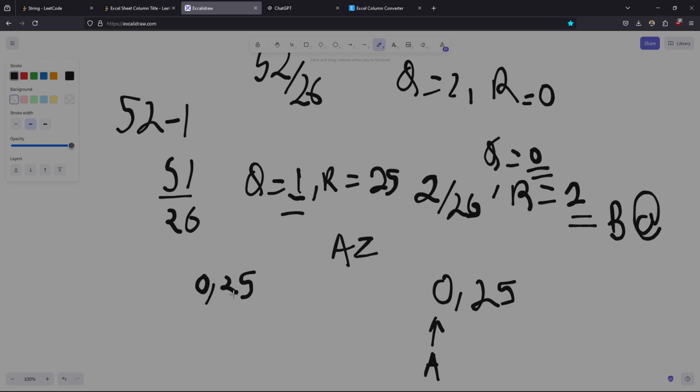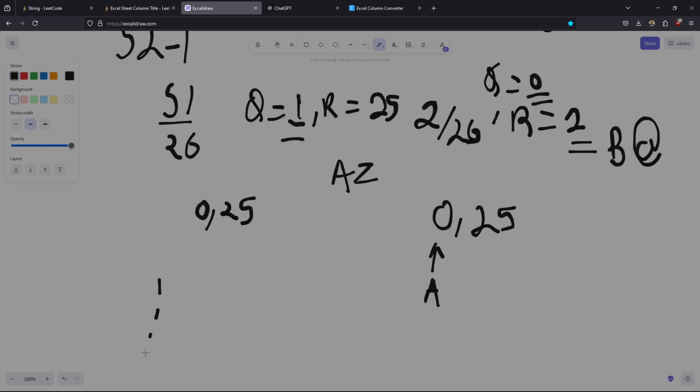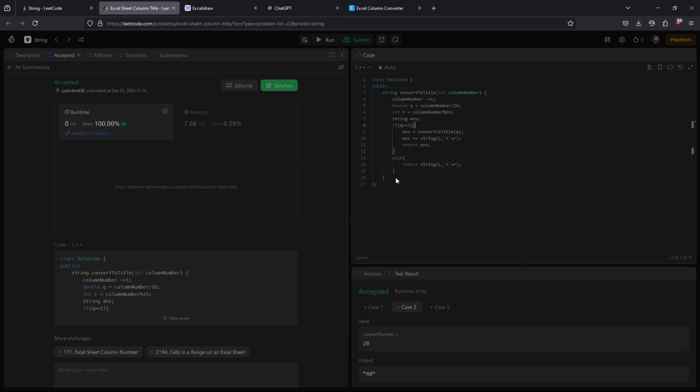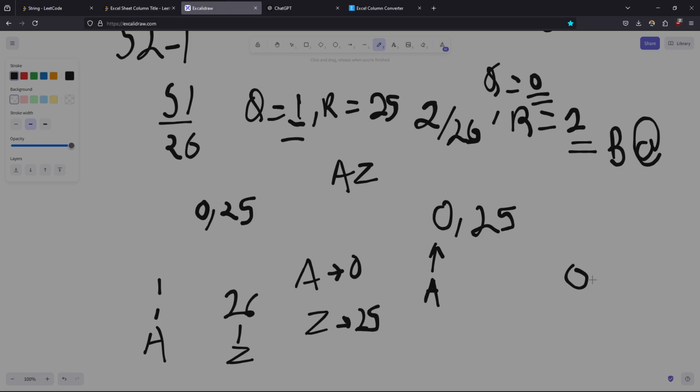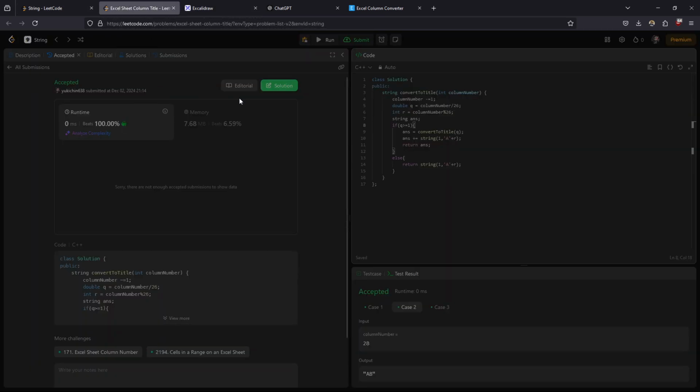As we know, in normal cases, 1 means A and 26 means Z, so we weren't getting any number equivalent to Z. So what I thought was, let's make A equivalent to 0 and Z equivalent to 25. We are still dividing the number by 26, so our remainder is still from 0 to 25, but the desired value for A has shifted to 0 and Z has shifted to 25. So now we are getting the desired answer. That's what I thought.